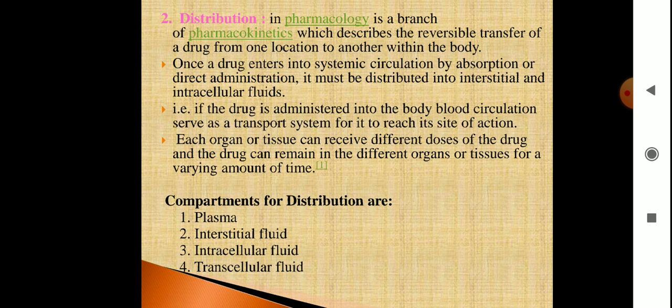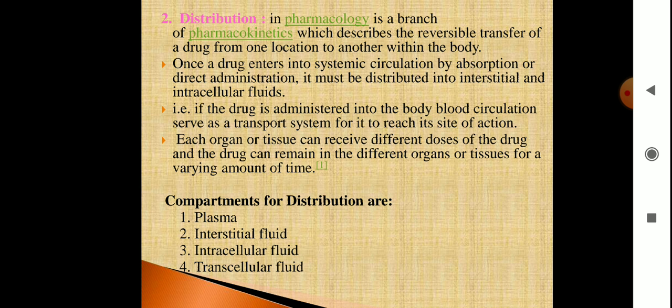When the drug is administered, the blood circulation serves as a transport system for the drug. It helps the drug go throughout the body and be distributed by the blood circulation to reach its site of action.